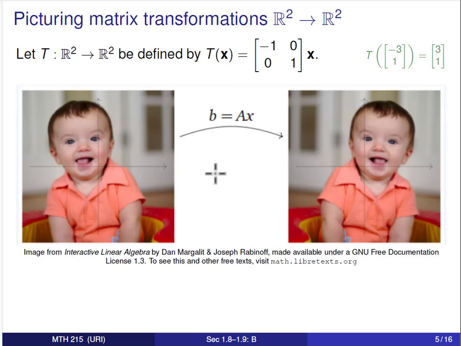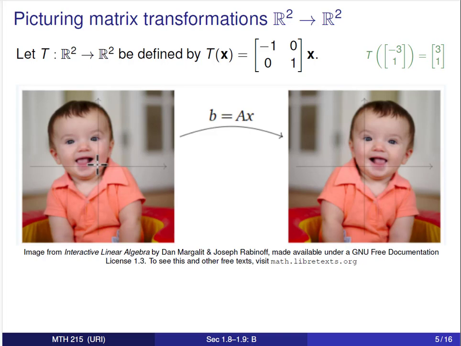Again, the same thing is true here. Our domain is R2, so all of these points here in R2, no matter where they lie in relation to the axes, are going to be mapped by multiplication of this matrix and then spit out here. Now, because this is a photo, we can tell what the features look like.